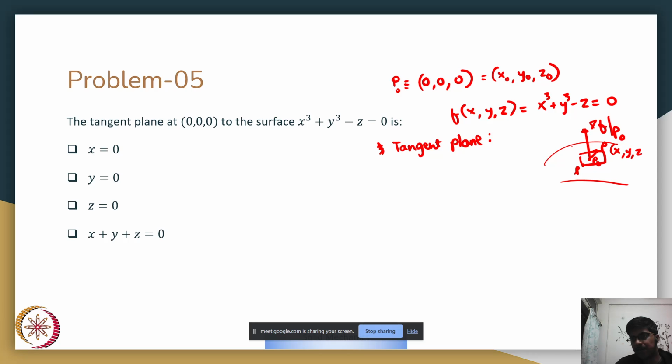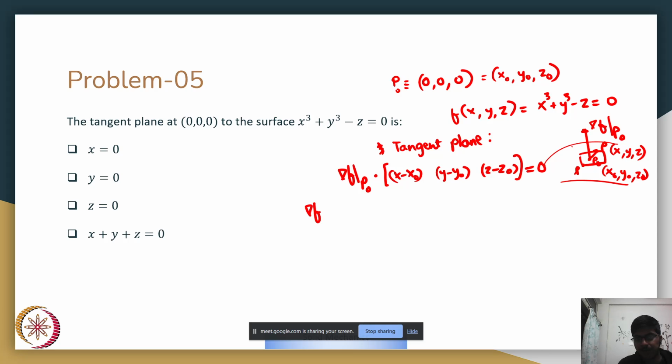If the point P has coordinates x, y, z, and P naught has coordinates x naught, y naught, z naught, then the tangent plane is given by this relation: my normal will always be orthogonal to any line drawn on the tangent plane. So we would have grad f at P naught dot (x minus x naught, y minus y naught, z minus z naught). This is our representation of the two vectors being orthogonal to each other.